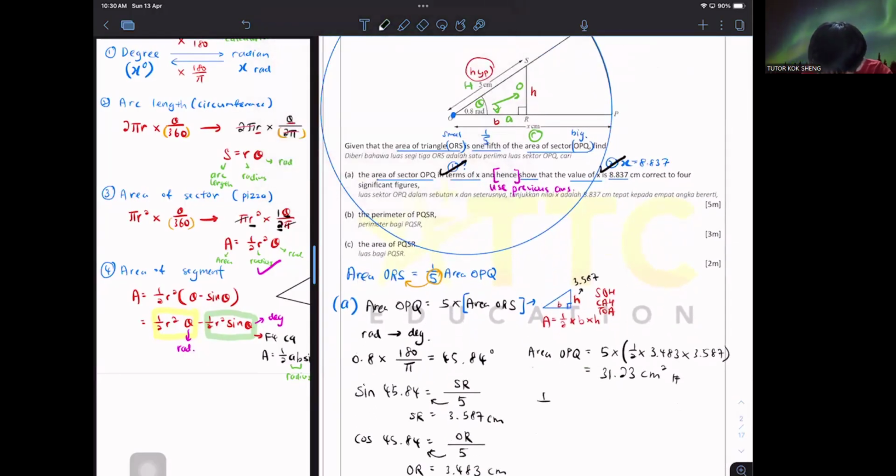So 1 over 2 r squared, where the radius is x, which we are finding now, theta is 0.8 radian, equals 31.23. Okay, so bring over to find the x: 31.23 divided by 1 over 2 divided by 0.8. So you get 78.075.